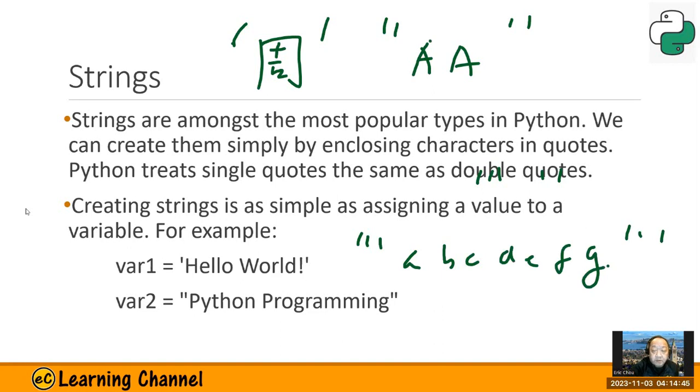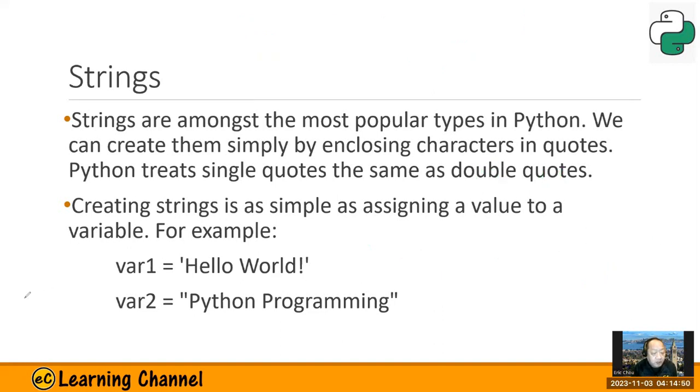So single quote, double quote, triple quote, they all represent a string in Python. You can also have double quotes with nothing in there. This one actually is an empty string, a string with no letters. That's also a legal expression for a string. So a string is a data collection for text.